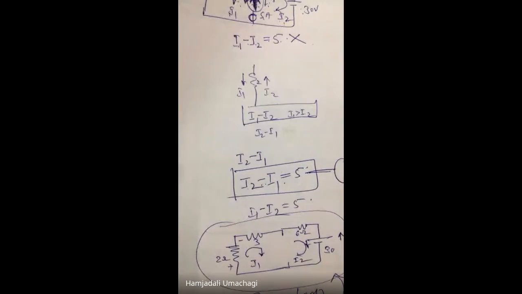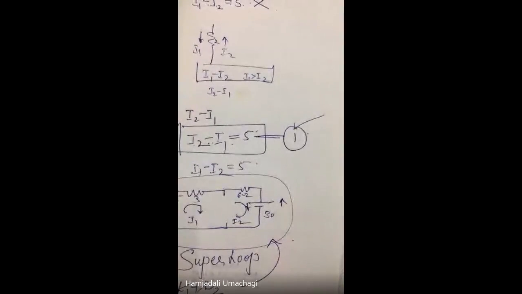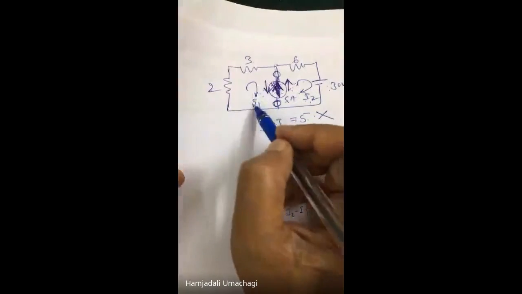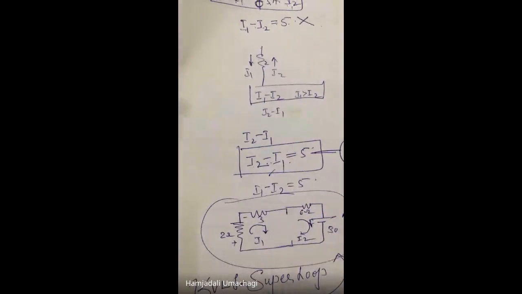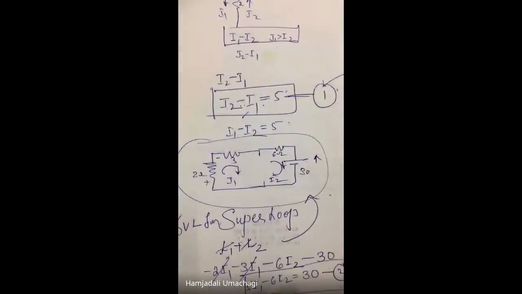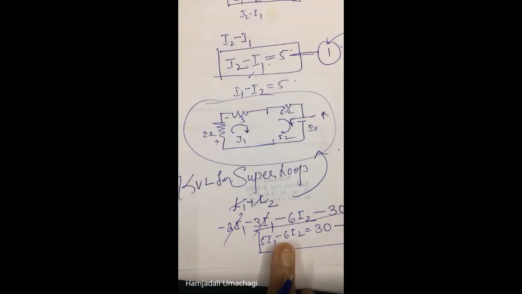Okay, now you need to solve equation 1 and equation 2 to get the desired values of I1 and I2. These two are linear equations. You can go for the solution of simultaneous equations. What are the equations?